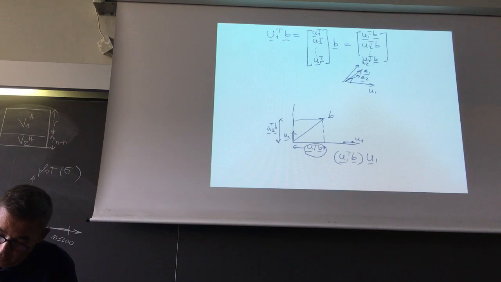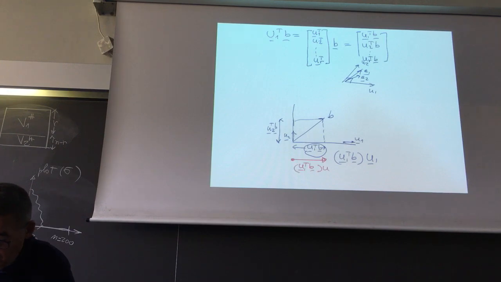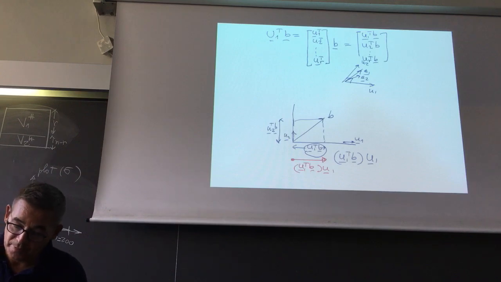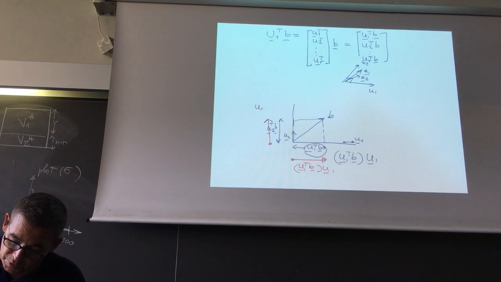Now this one is a vector. This is U1 transpose B multiplied by U1, a vector that points in that direction. That one, U2 transpose B, is a length.